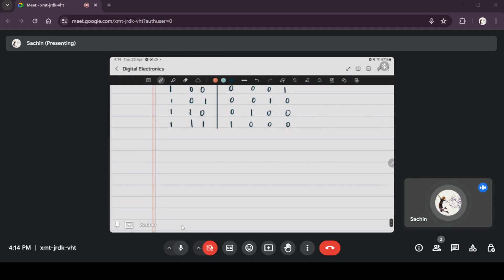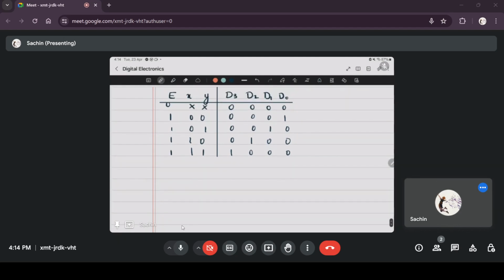You can directly write from the truth table: D3 is simply when E is high and X and Y both are high. D2 is E X Y complement. D1 is E X complement Y, and D0 is E X complement Y complement.